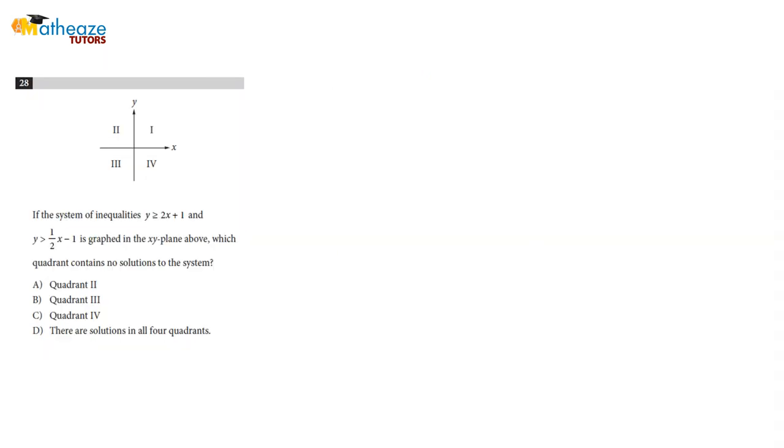If the system of inequalities y greater than 2x plus 1 and y greater than 1/2 x minus 1 is graphed in the plane above, which quadrant contains no solution to the system? So let's start with y greater than 2x plus 1.